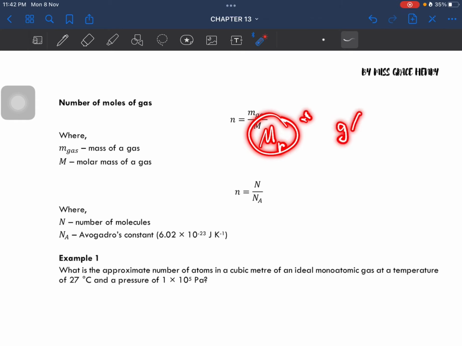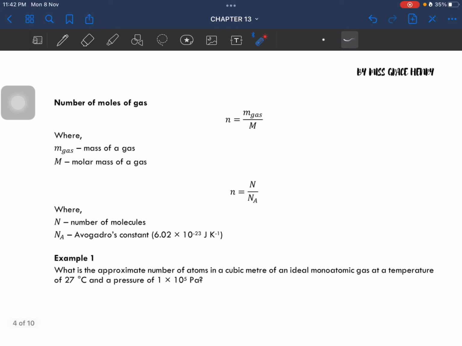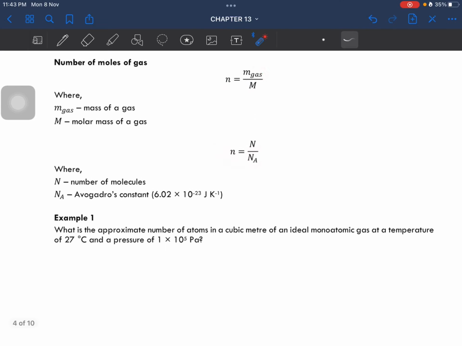Its unit is gram per mole or kilogram per mole. And then this is our Avogadro constant, shown here, and capital N is the number of molecules. If you are given these variables and you have to find the number of moles, just use this formula. The same goes for this one here.